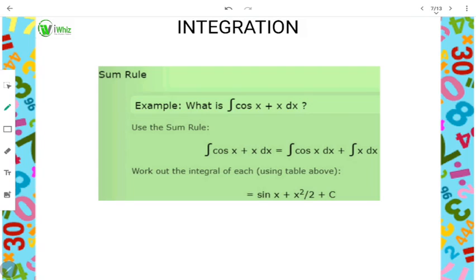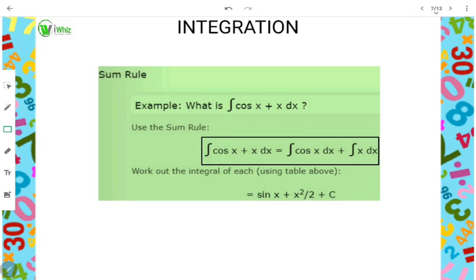So let's look at the example: what is the integral of cos x plus x dx? The sum rule states that the integral of an addition will give us the addition of the integrals separated. This forms the basis of what the sum rule is.